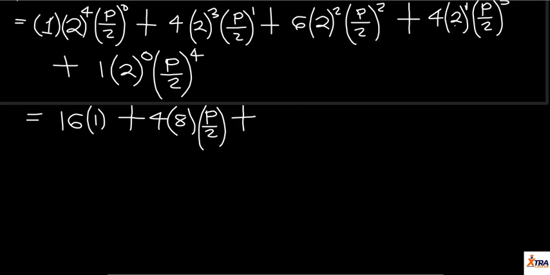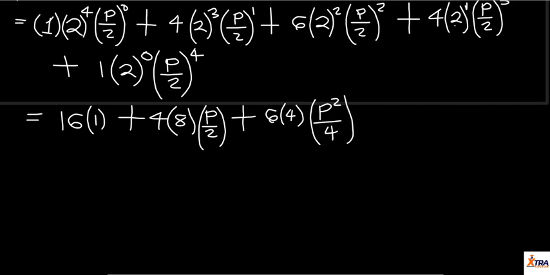The next one, we have 6 into brackets: 2 raised to the power 2 is 4, and then p over 2 all squared, where p squared over 2 squared is p squared over 4.